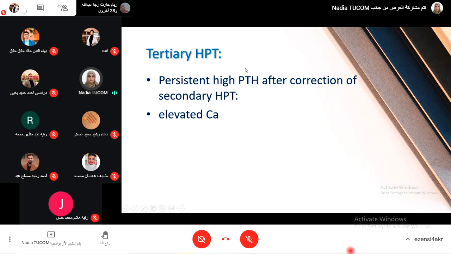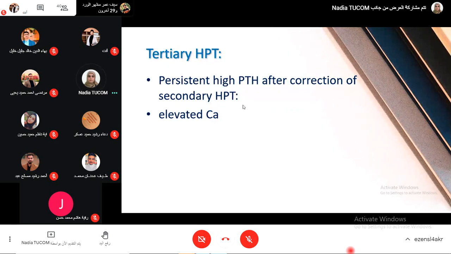Whereas the tertiary type is one in which there is persistence of high parathyroid hormone after correction of secondary hyperparathyroidism. The tertiary type develops in patients with secondary hyperparathyroidism for many years, patients with renal failure for many years.